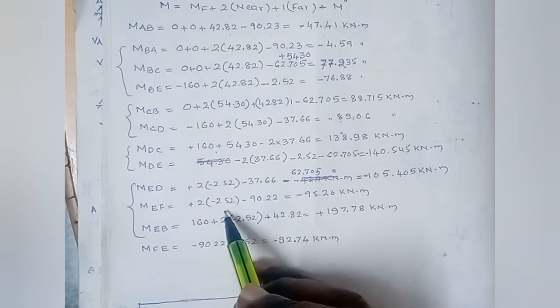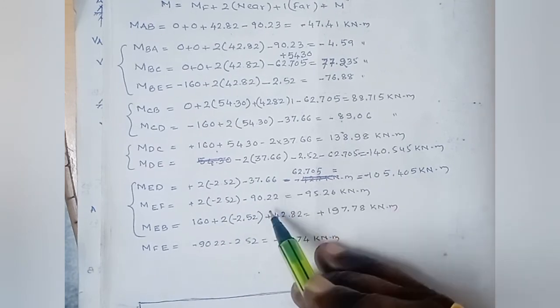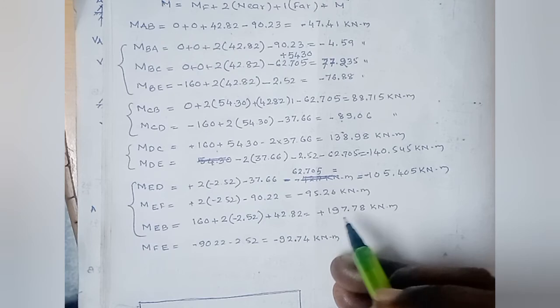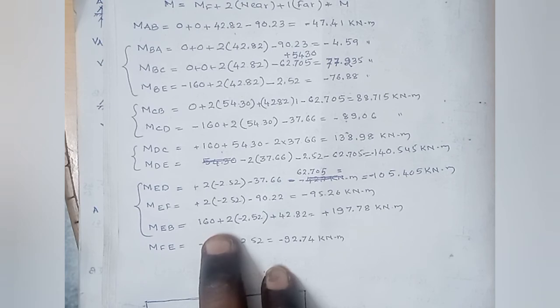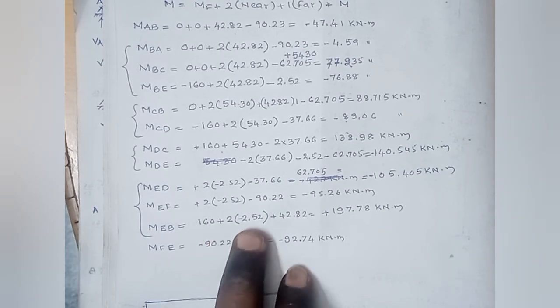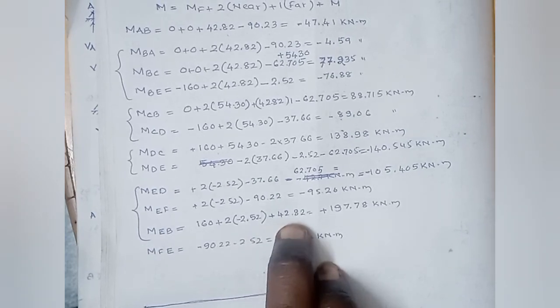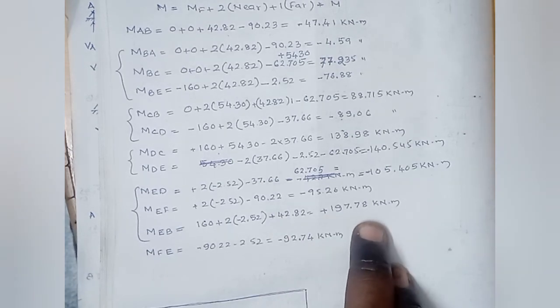MEF, the other vertical member from the bottom story, the near end contribution is 2 into minus 2.52, the far end contribution is 0, then the displacement contribution is minus 90.22, that equals minus 95.26. Then for horizontal member MEB, the fixed end moment is 160, that is clockwise, plus 2 times the near end contribution, that is 2 into minus 2.52, plus 1 times far end contribution 42.82, that equals 197.78, that is clockwise.